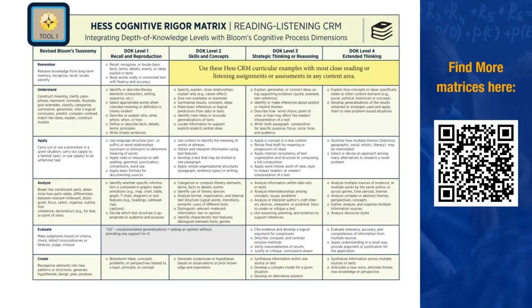One, you could just look them up. That's a choice. Find them on your own, but you can also find them in the report. They're referenced in the report. Is that true? Can you find them in the report? Well, we have an example in the report, and we have a link in the report to Hess's work, where on their website you can download these matrices for your content area. Okay.